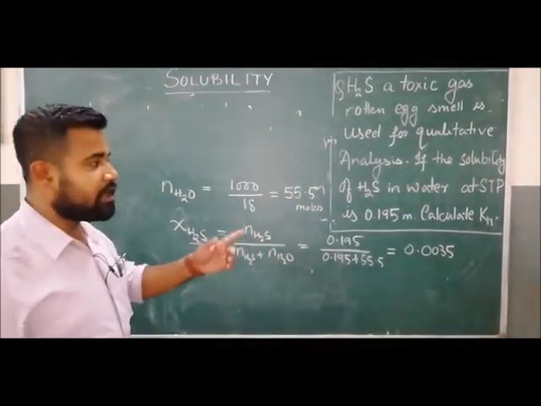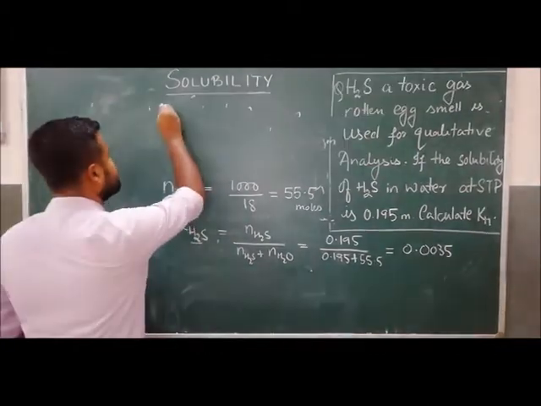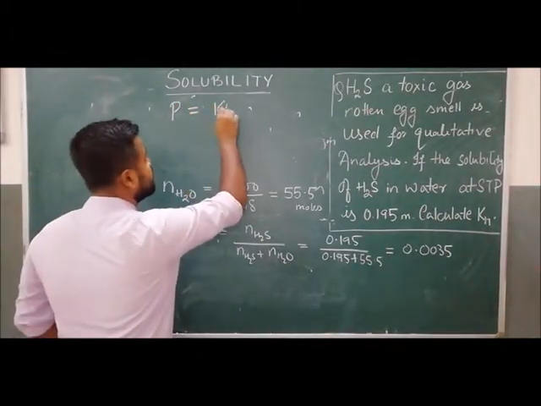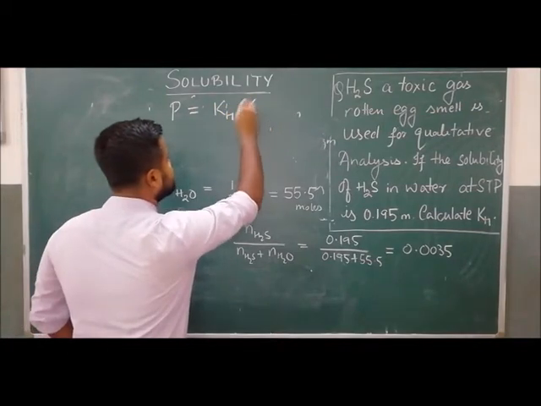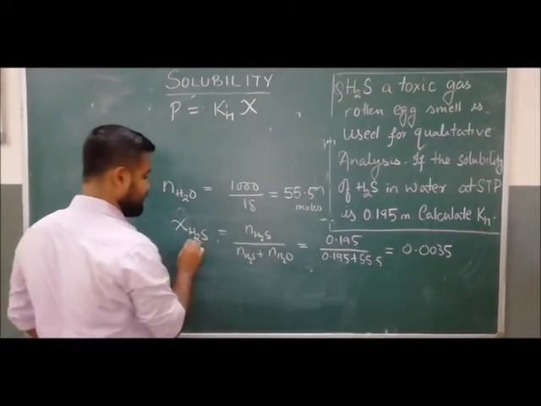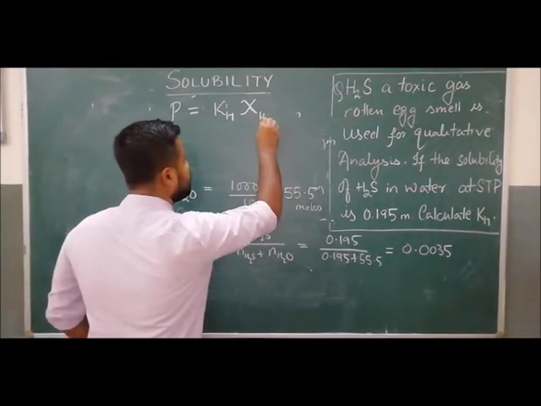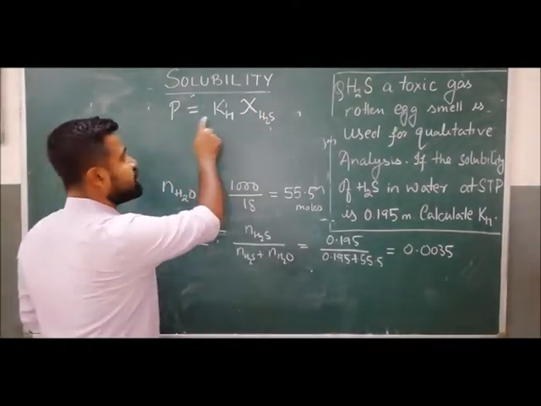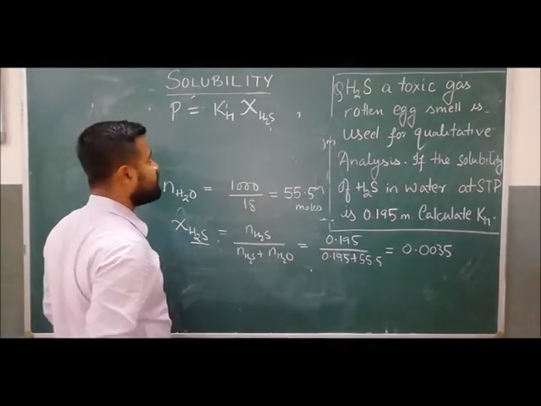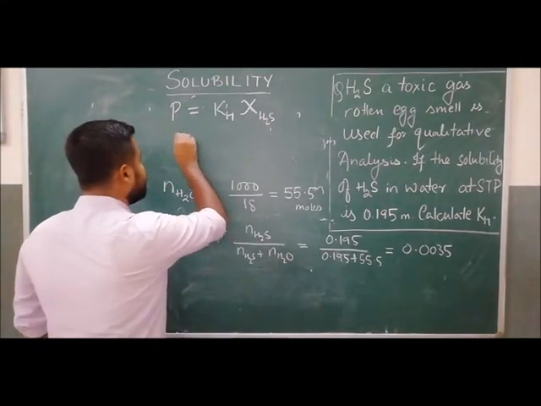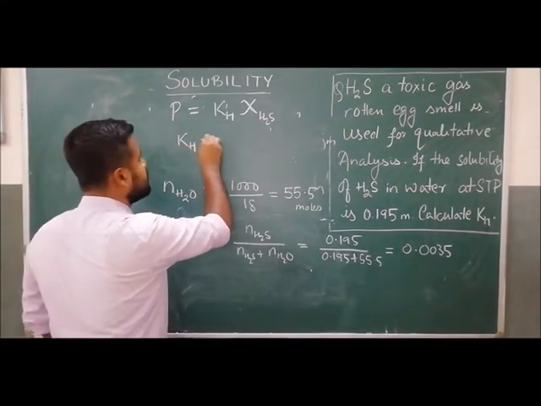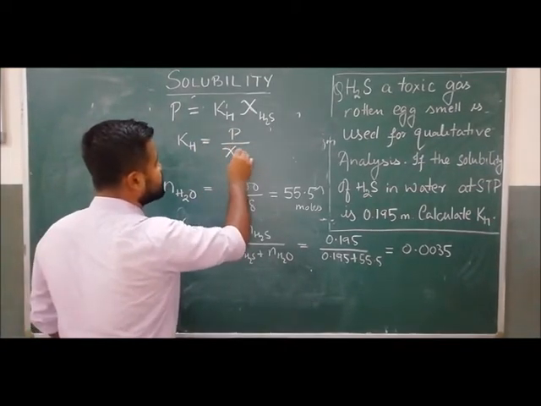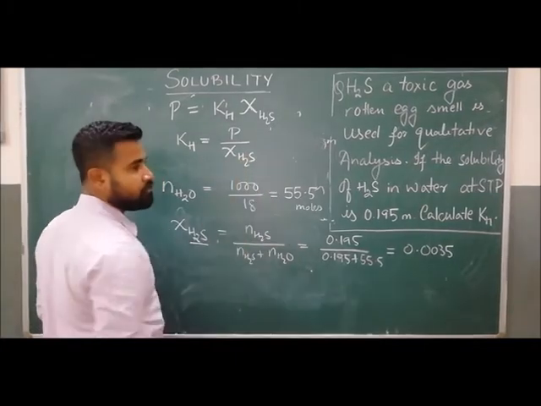Now next, what do we have to find out? KH. According to Henry's law, P is equal to KH into the mole fraction of H2S. So we can write KH equals pressure divided by the mole fraction of H2S.